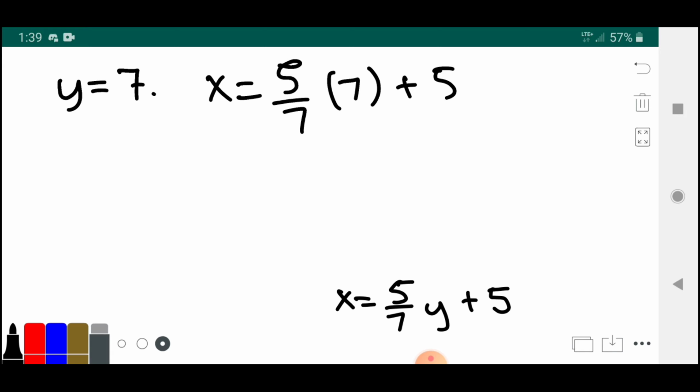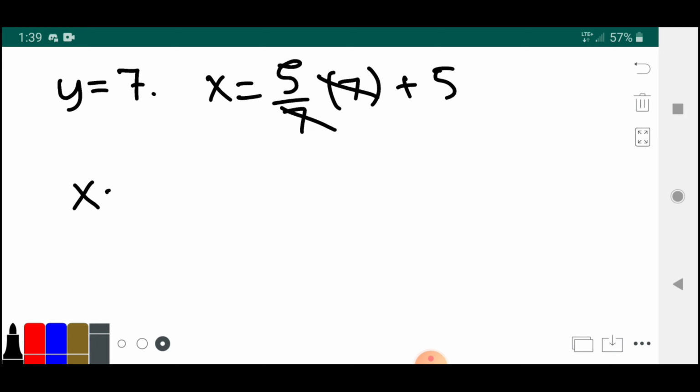When multiplying the 5 over 7 times 7, we can see that the 7's will cancel out and we'll be left with 5. So we have x equals 5 plus 5. 5 plus 5 is equal to 10, and we get our final answer, x equals 10. We now have an ordered pair of 10, 7.